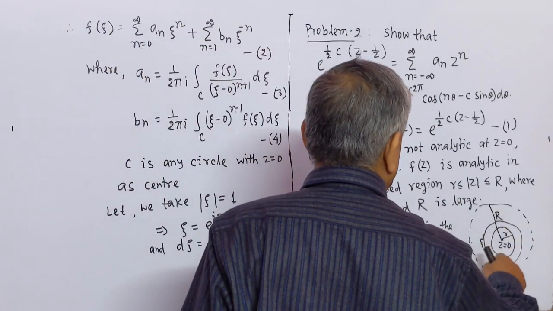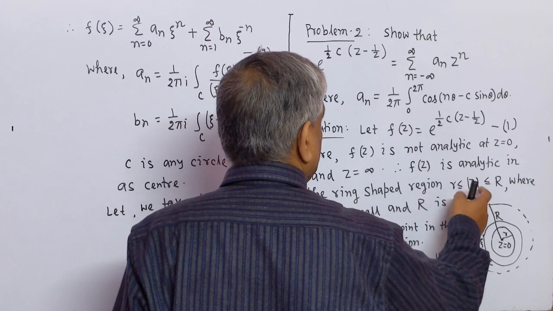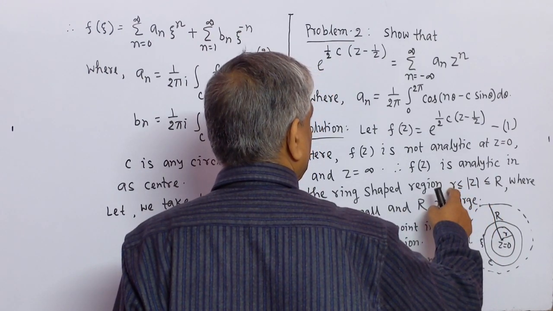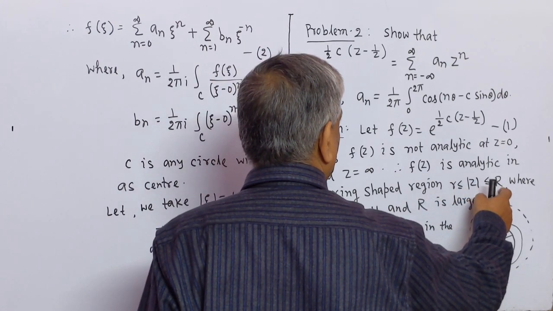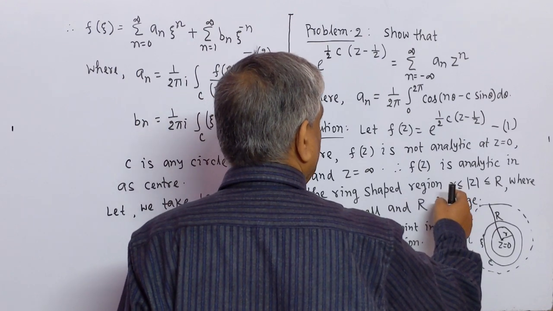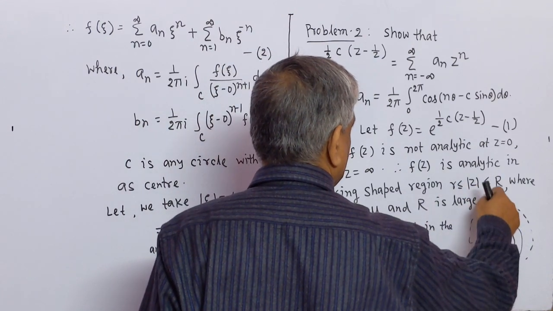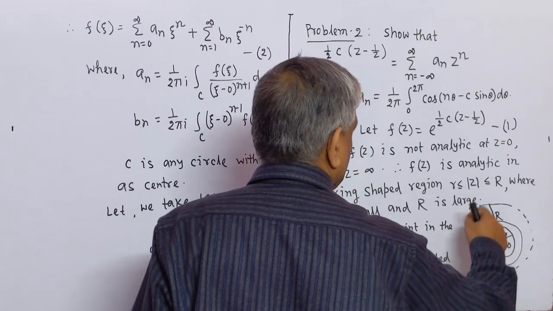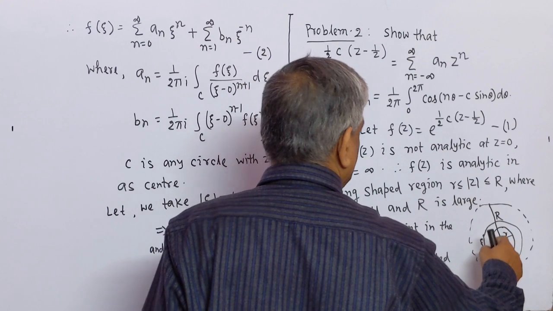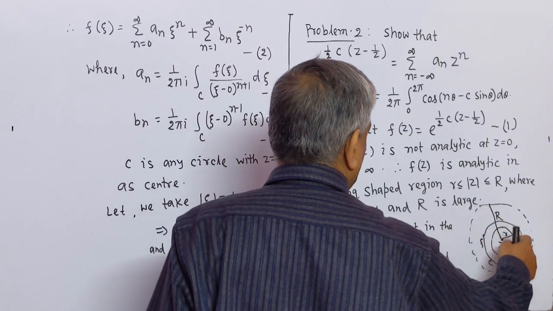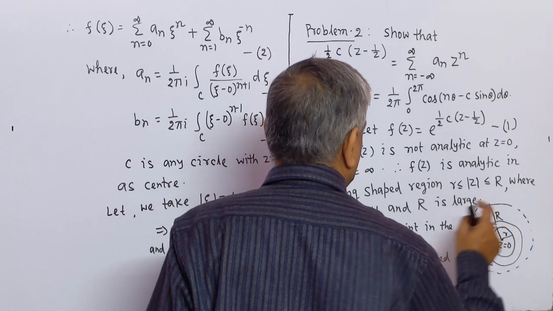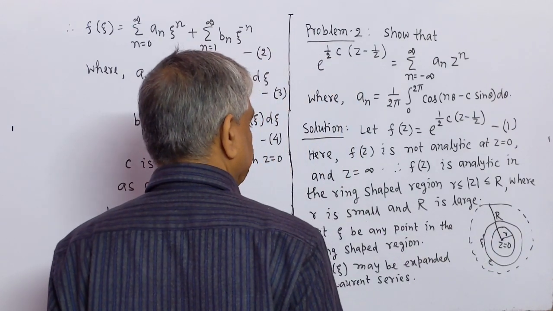The ring shaped region is denoted by modulus of z greater than or equal to r and less than or equal to capital R. Here small r is very small and capital R is very large. This is a circle with radius capital R, and this is a circle with radius r, and the center is the origin z equal to 0.